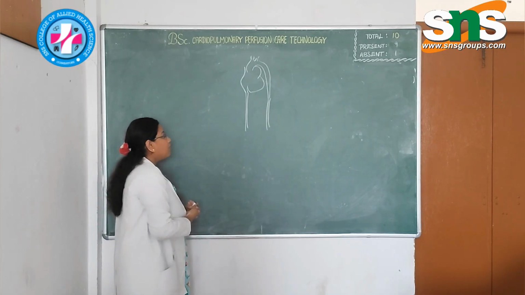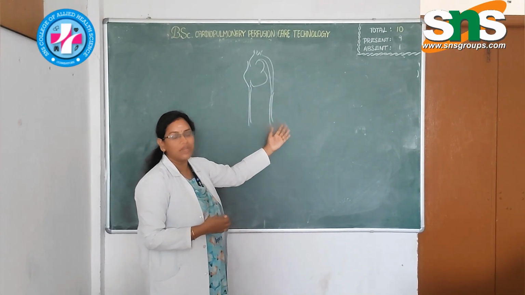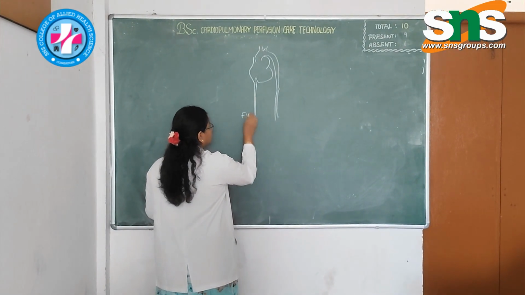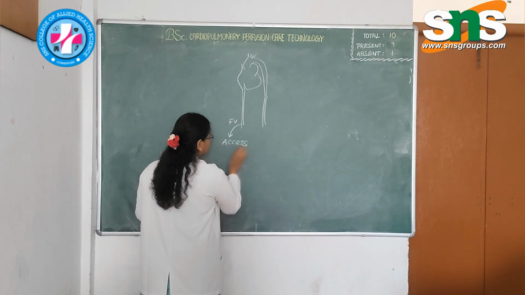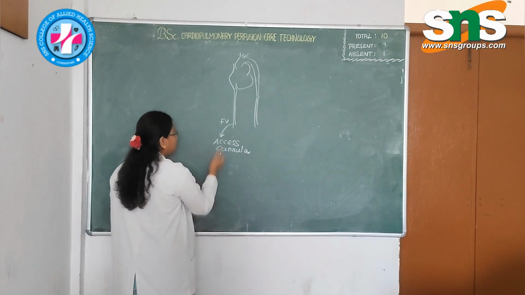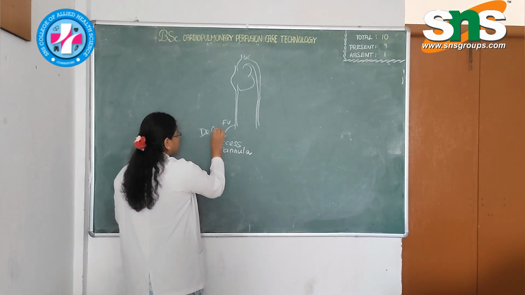We are taking blood from the femoral vein and giving it back in the femoral artery. For this purpose, we are draining the patient's blood through an access cannula, where I am removing the patient's deoxygenated blood.